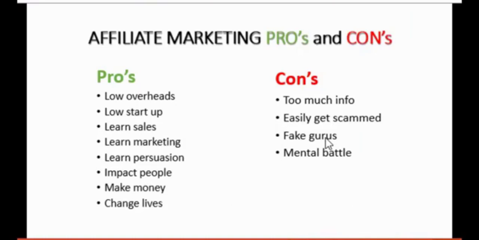I obviously love affiliate marketing, and this is why I chose it as my way of making money online. So, the pros: low overhead. There are very low startup and operational costs. In the process of doing affiliate marketing, you learn sales, marketing, and persuasion.